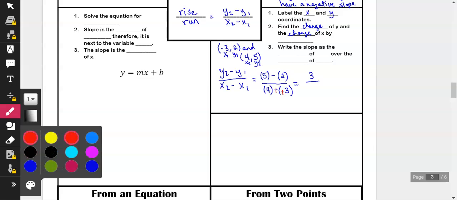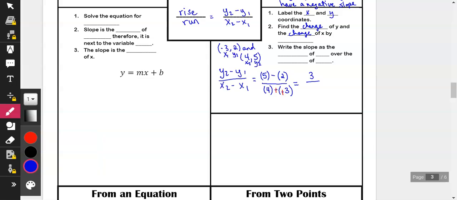If you don't remember that, if you punch in your calculator 4 minus, in parentheses, -3, it's going to understand that that's like plus. So it's going to add those together and give us 7. So again, we're finding this change by subtracting.